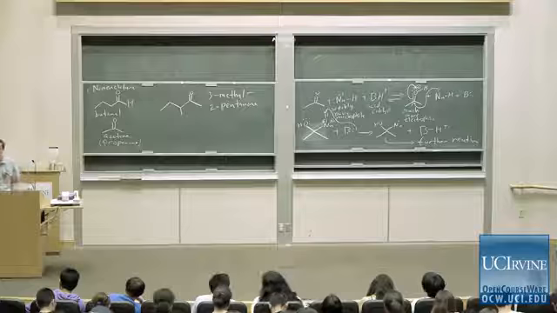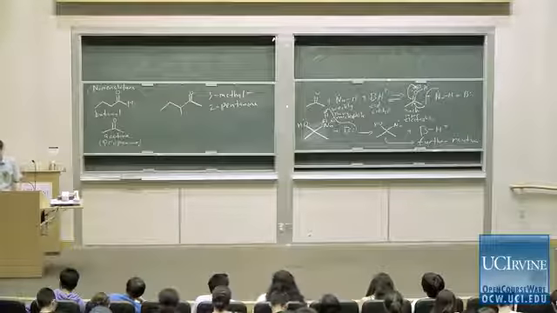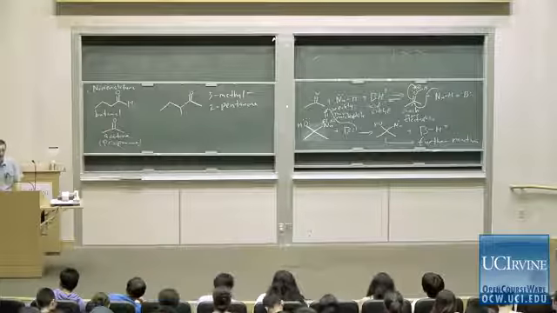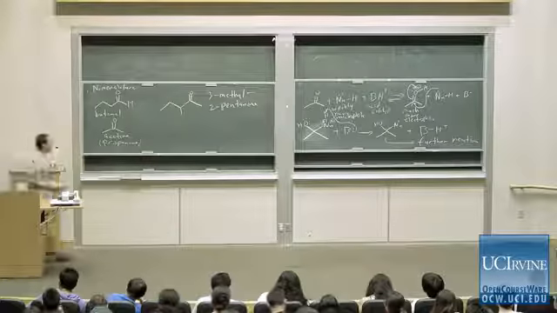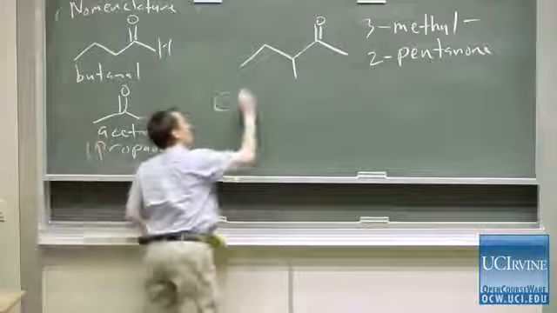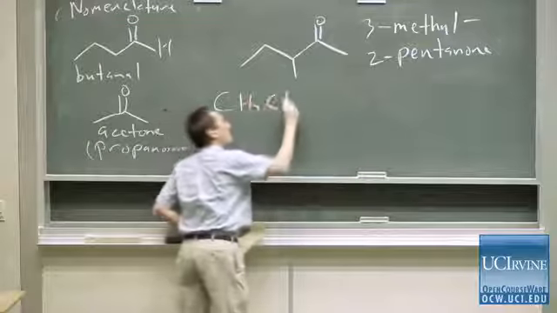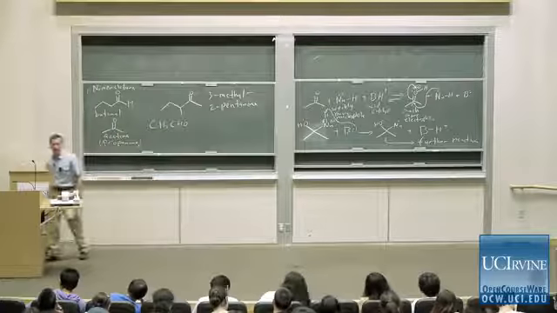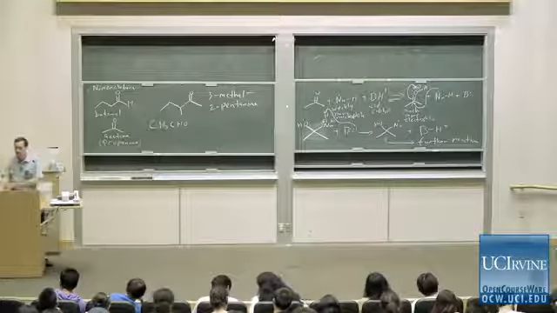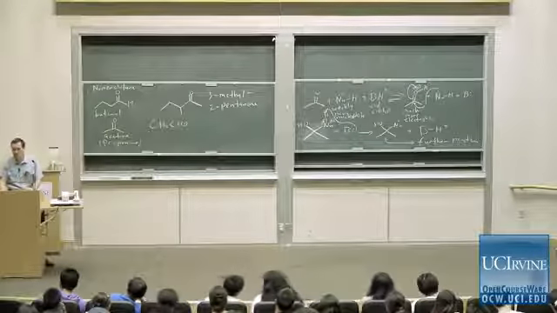If I did say propanone, because the only position the carbonyl could be at is the center position, I wouldn't even have to put a number on it. In general, small compounds that have some history to them have trivial names, common names that usually become the ones that roll off people's tongues.